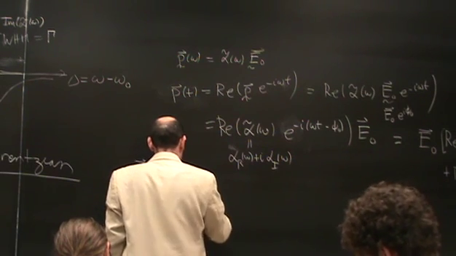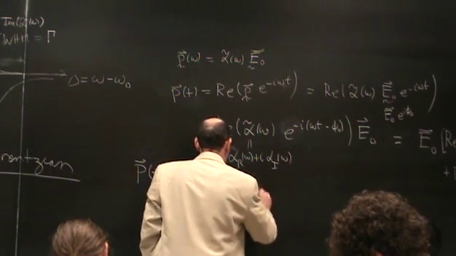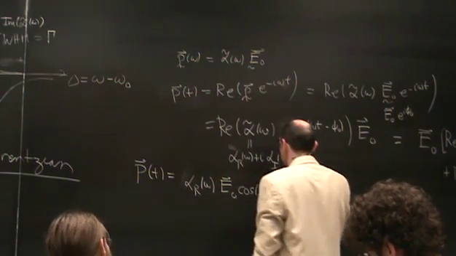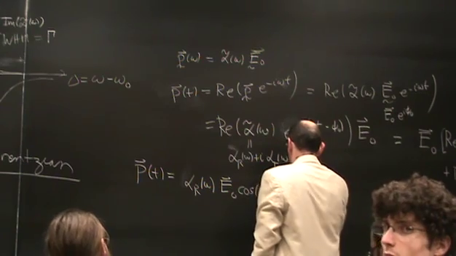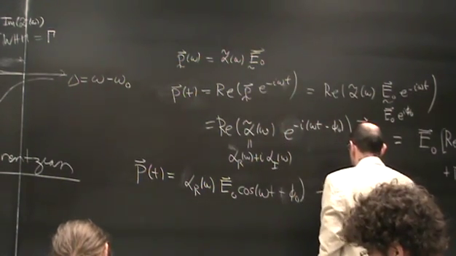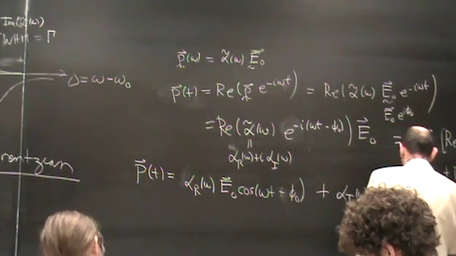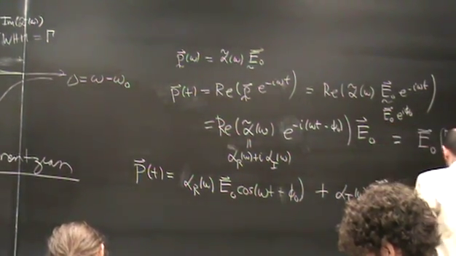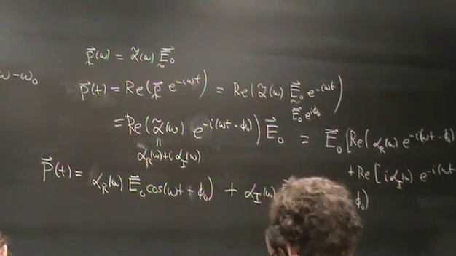the real part of the polarizability times the incident field, which was this, plus the imaginary part, E0 sine omega t. And this is one of the key points.